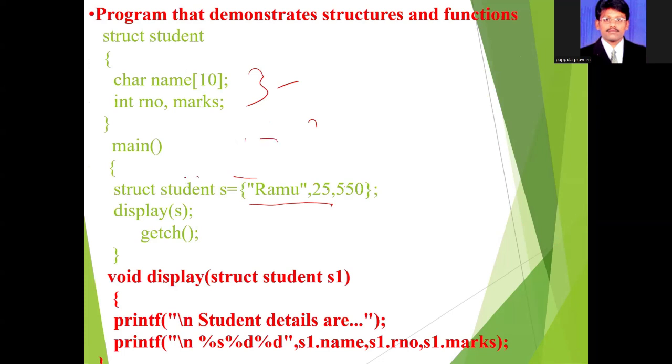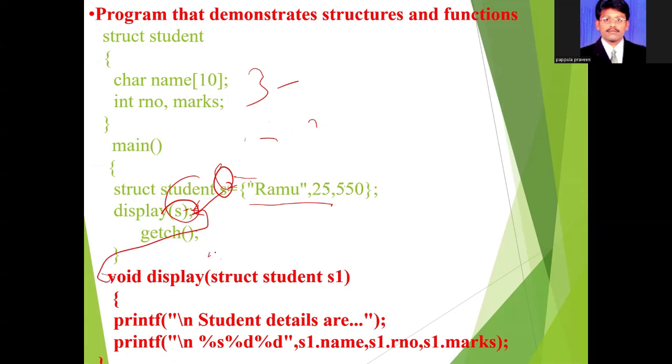What do you mean by display of S? S is a structure variable. It means what are the fields contained in the structure variable? That is the name of the student, roll number, and one more is the average marks. These are all passed from calling function to called function.